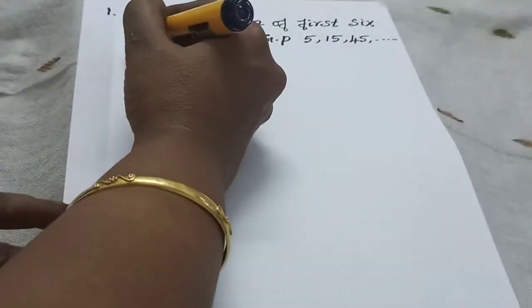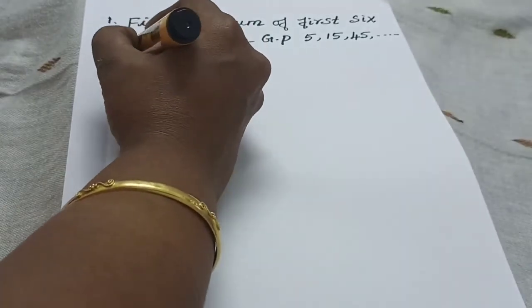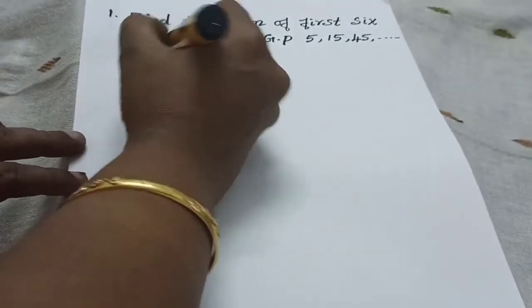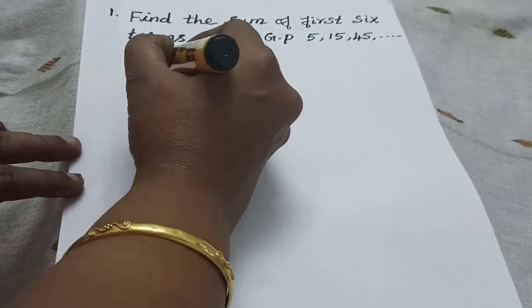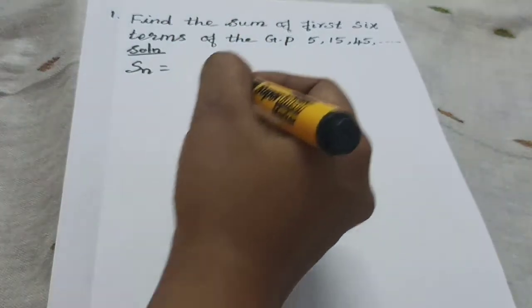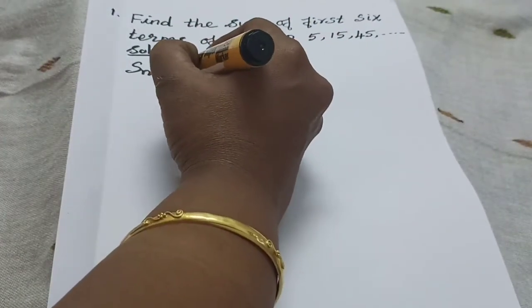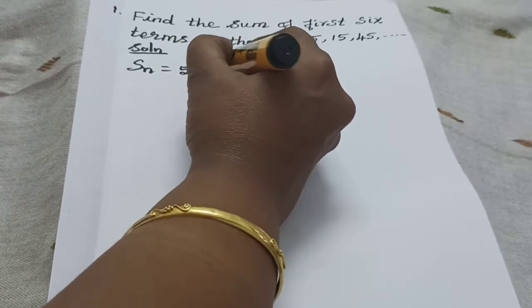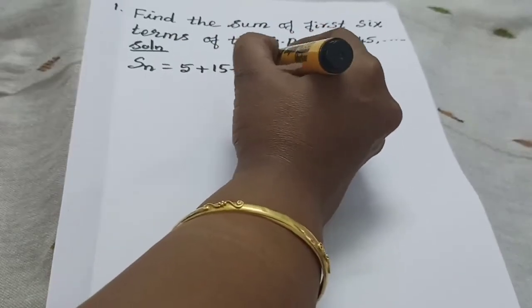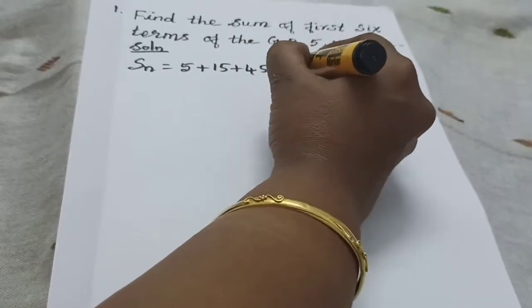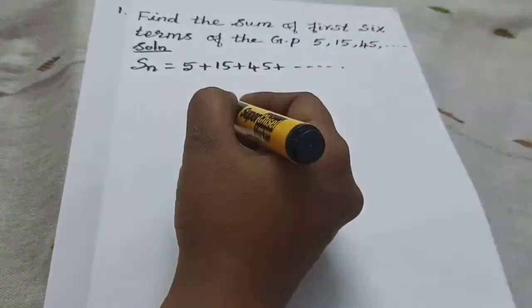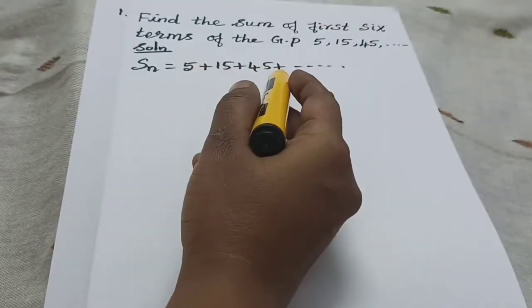A GP is given, and we have to find the sum. Solution: Sn equal to 5 plus 15 plus 45 plus etc. This is a series.